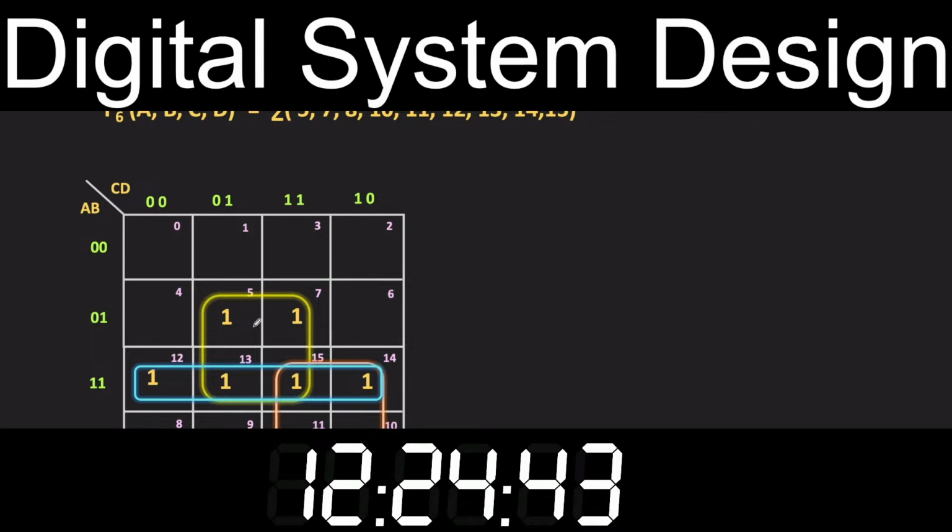And now if you see, then all the ones get covered. But if you closely observe, then the first group which we have made is the redundant one. Because just by using these three groups alone, we are able to cover all the ones. Therefore, we can remove that redundant group. So now, this group corresponds to AC.